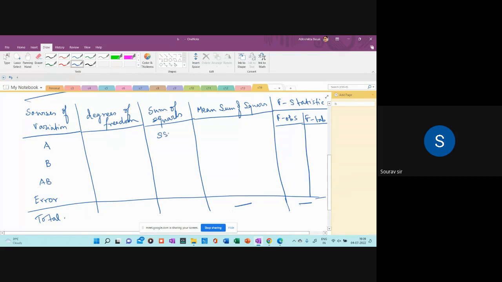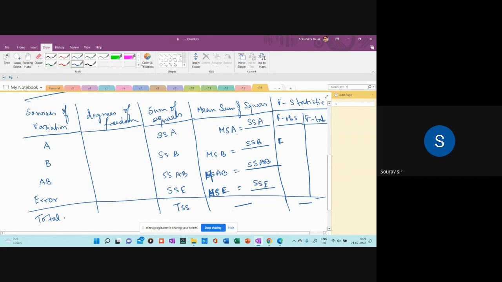So SS for these are SSA, SSB, SSAB, SSE, and TSS. Correspondingly, MSA is SSA by its degrees of freedom, MSB is SSB by its degrees of freedom, MSAB is SSAB by its degrees of freedom, and MSE is SSE by its degrees of freedom.